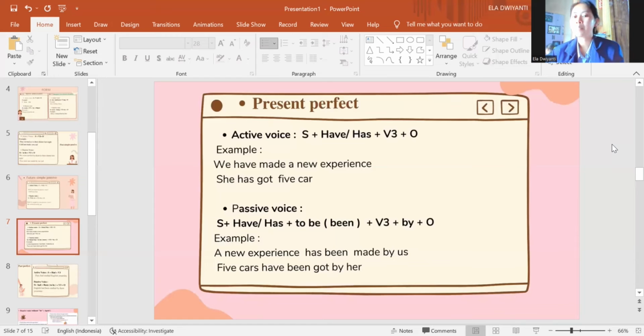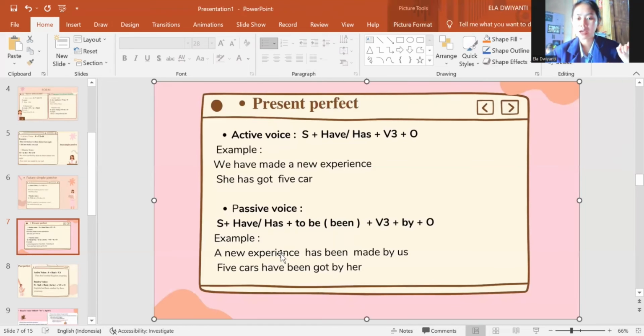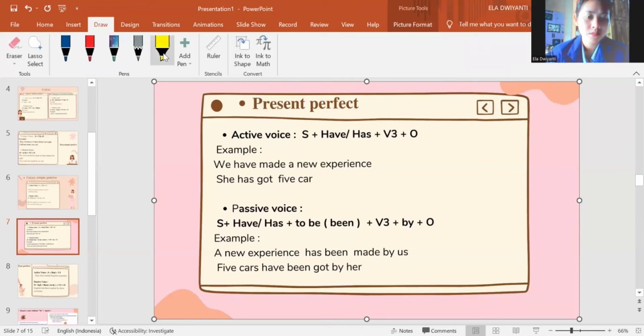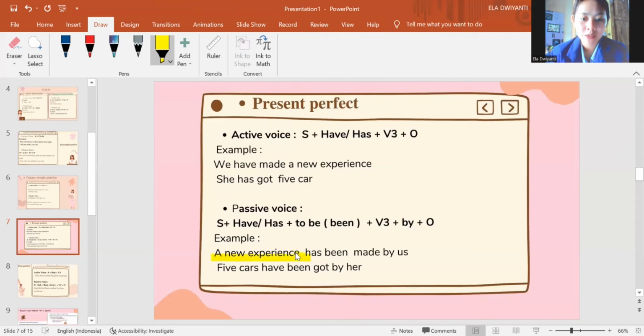In the passive voice, a new experience is a subject, okay? A new experience is the subject, followed by has and been, and verb 3, made.